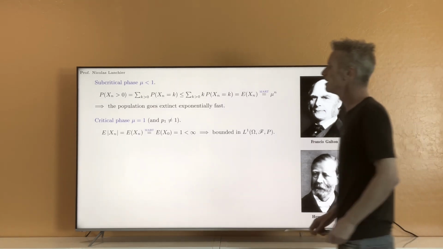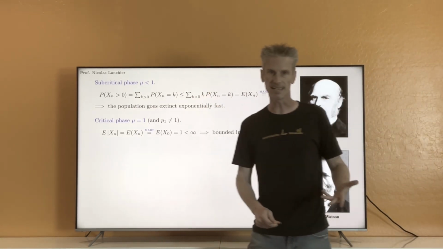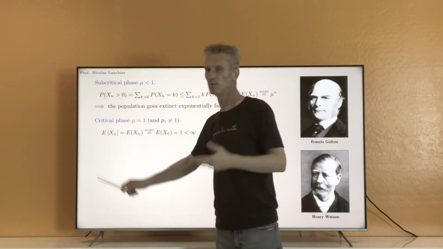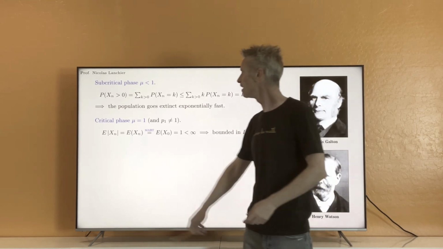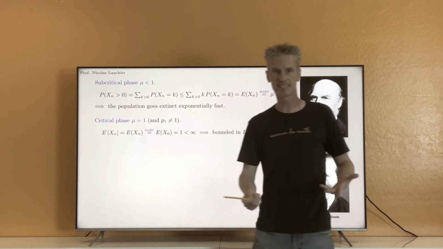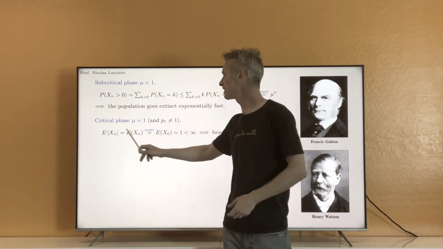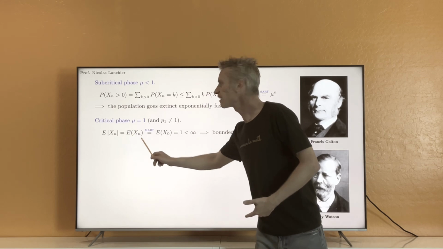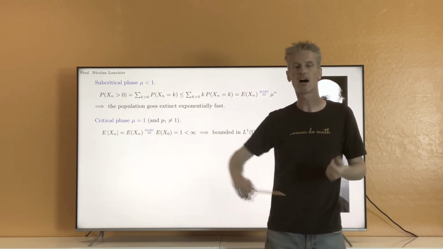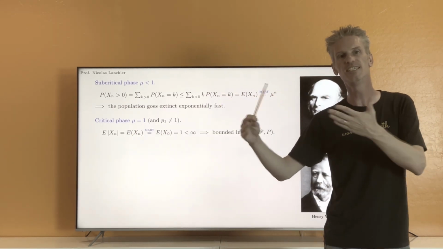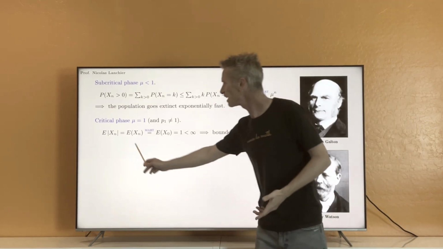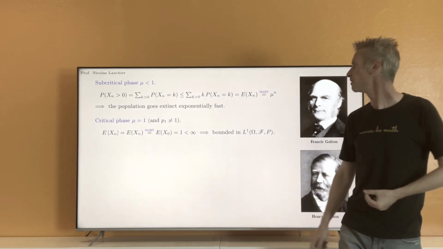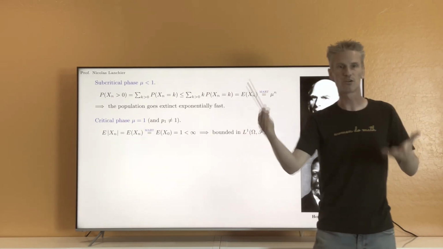You just look at the L1 norm of Xn, okay? Then, because your process is positive, that's a number of individuals, the absolute value of Xn is equal to Xn itself, so the L1 norm of Xn is just equal to the expected value of Xn. Now, because you have a martingale, we know that the sequence of expected values is constant, and so in particular, the expected value of Xn is equal to the expected value of X0. And this is just 1, that's our assumption.